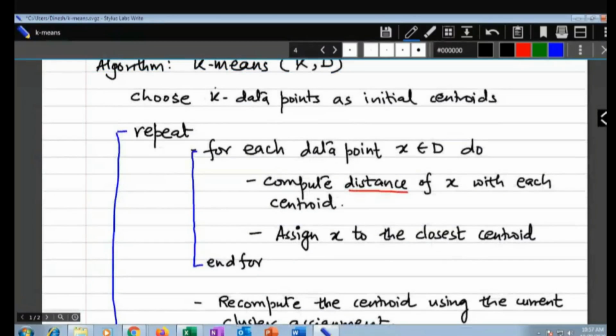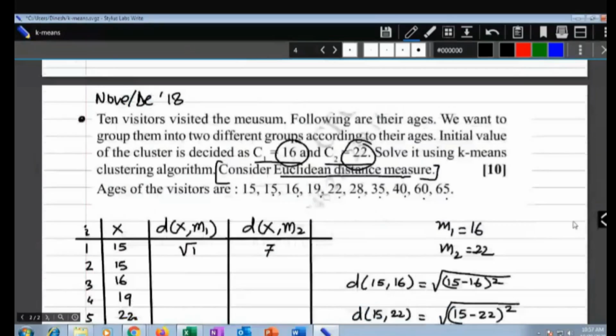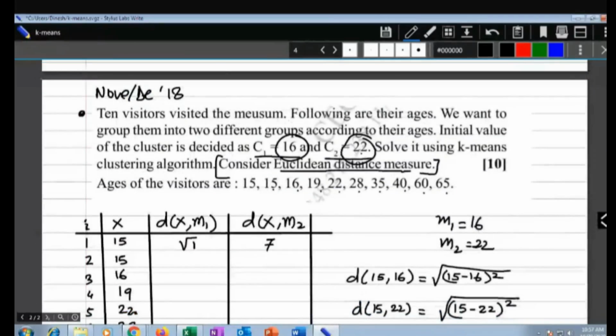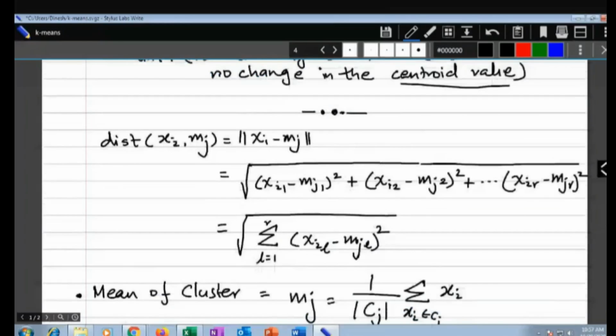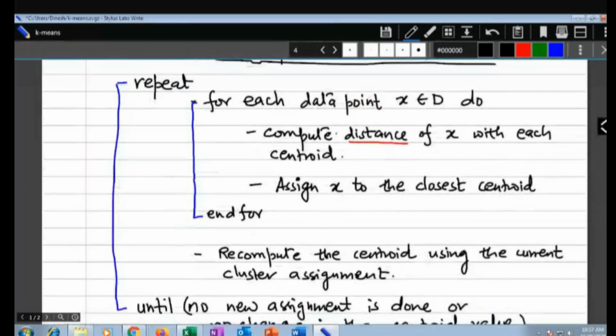So choose k data points as the initial centroids. So we have already given 16 and 22 as the initial data points. Okay, and then for every data point we compute the distance with each centroid and assign x to the closest centroid.